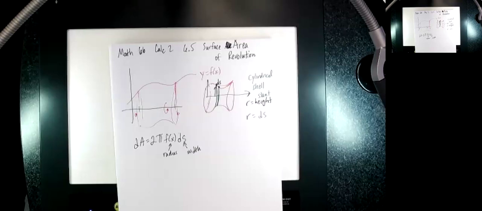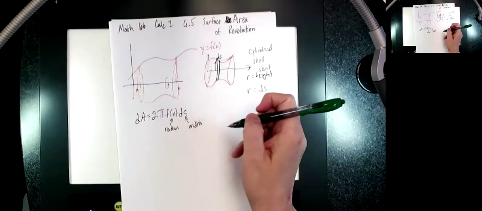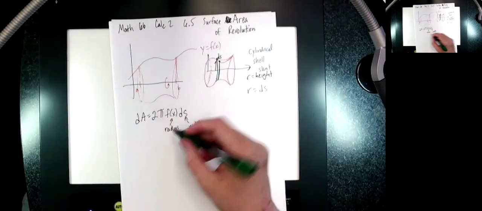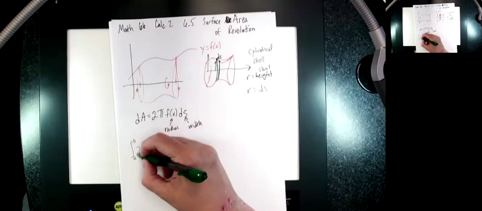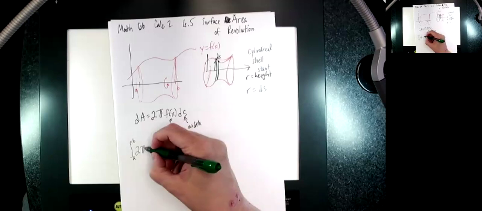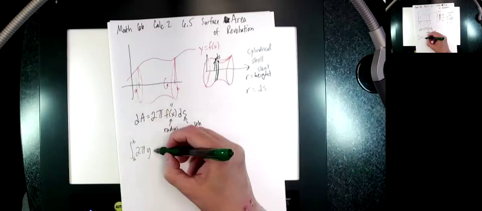So the two common setups for this: when ds is along x, we're going in the dx direction, we'll have the integral from a to b, 2 pi f of x, or y, since y is the same thing as f of x.